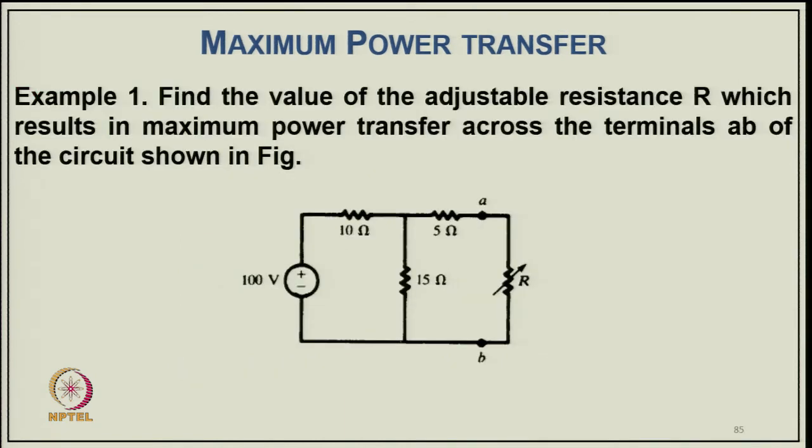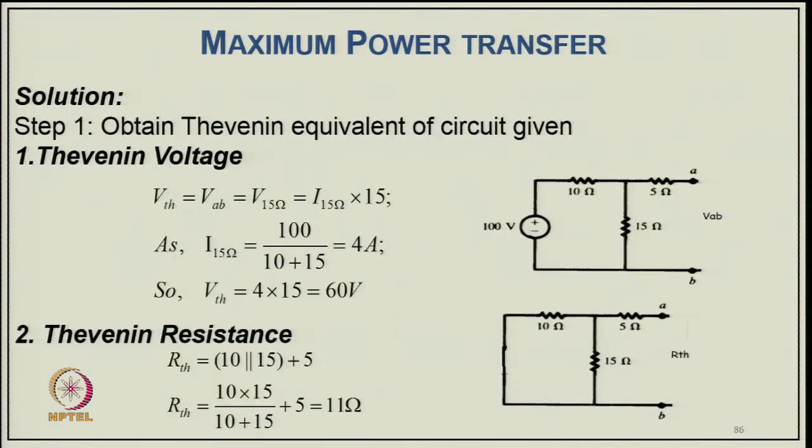Just an example, example 1: find the value of the adjustable resistance R which results in maximum power transfer across the terminals AB of the circuit shown in this figure. We have a 100 volt source with resistances of 10 ohm, 15 ohm and 5 ohm, with the RL. We can take a Thevenin equivalent across the AB terminals.